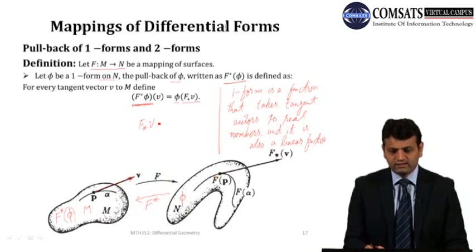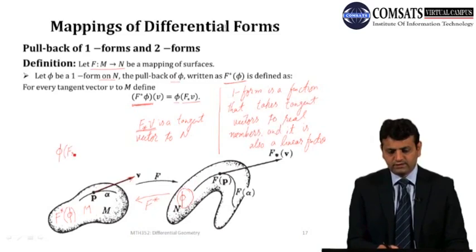So basically it is a tangent vector to n. So f lower star of v is a tangent vector to n. So if this is a tangent vector on n and phi is a one form on n, then we can surely apply phi on this tangent vector to n.